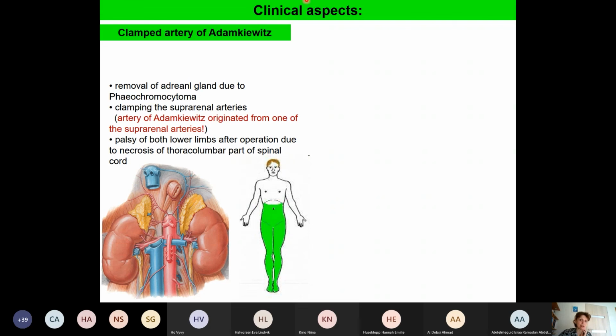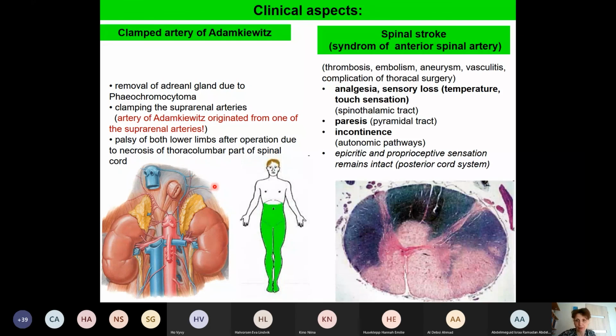And in this patient, the Adamkiewicz artery originated from one of these suprarenal arteries, and as a consequence, the patient had a palsy of both lower limbs because the thoracolumbar part of the spinal cord got necrotic. Yes, so this Adamkiewicz artery can originate not only from the intercostal arteries.